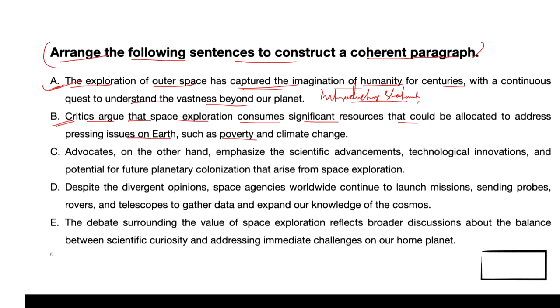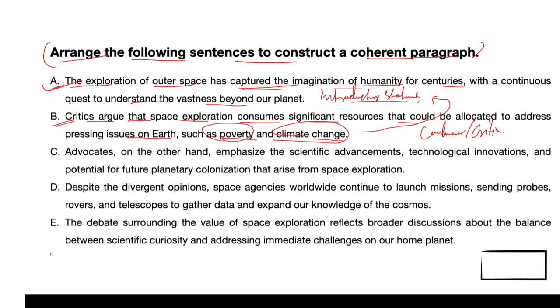Now, sentence 2 logically follows sentence 1, as it introduces a counter argument, or a critic. Critics argue that space exploration consumes significant resources that could be better utilized to address pressing issues on Earth, with examples like poverty and climate change. So in that case, we can find option A and B can be called a pair.